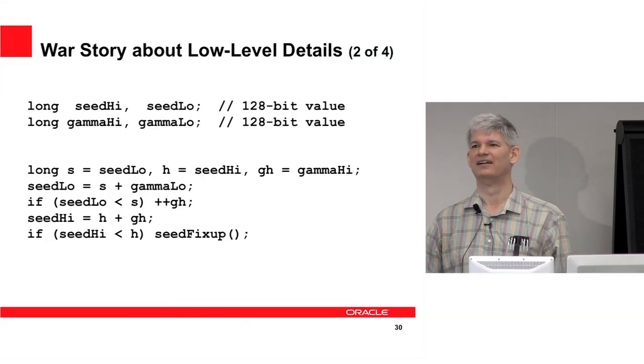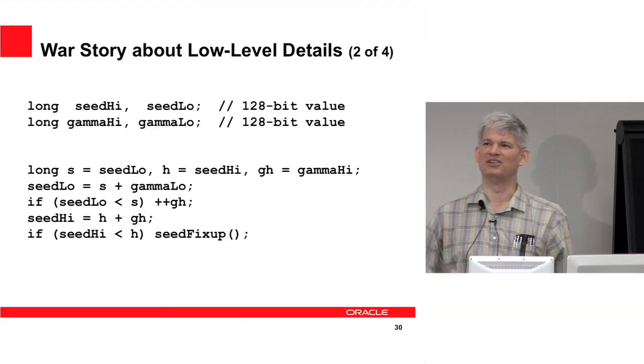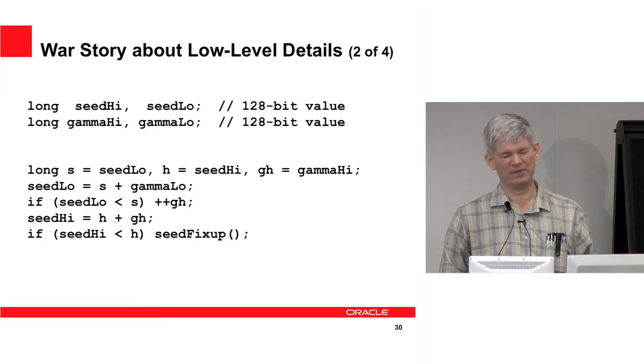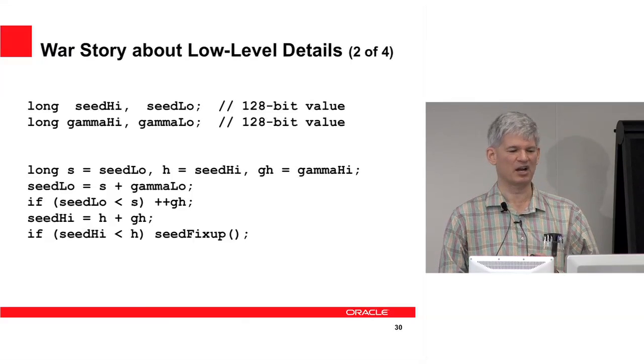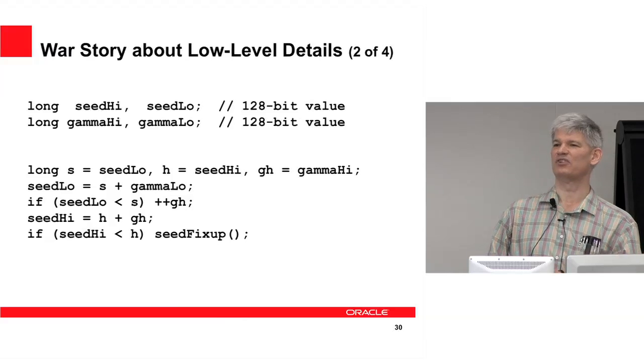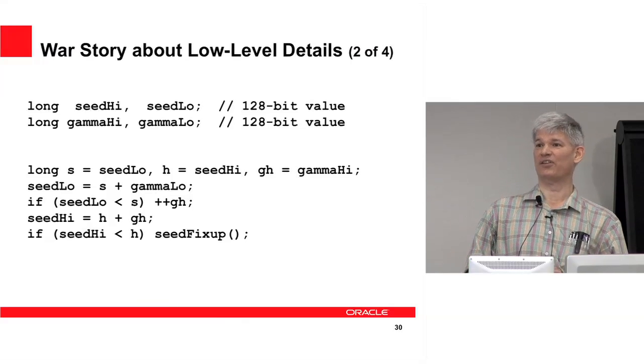Actually, pardon? I'm not sure gamma low is positive, and we'll get to that in a minute. Actually, what's going on here is that, because we don't particularly care about the exact value of seed, we just want to keep incrementing it, we're using a strange representation for seed where each of its components is offset by 2 to the 63rd.